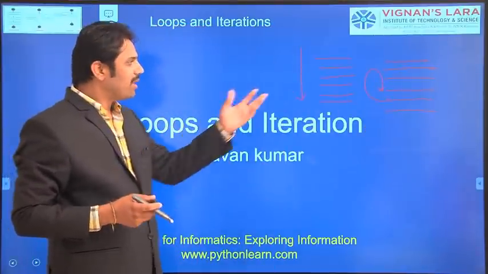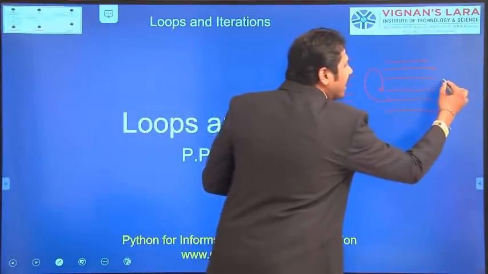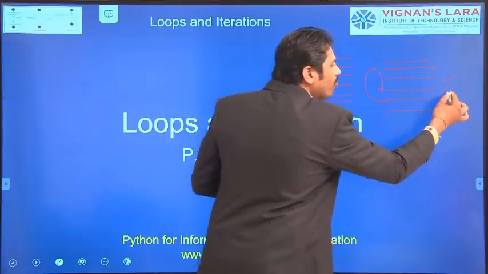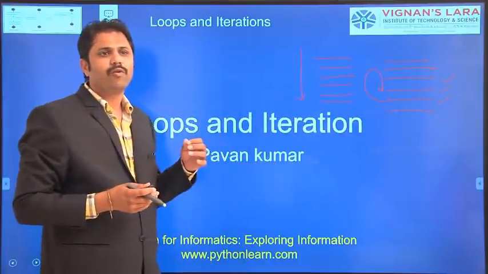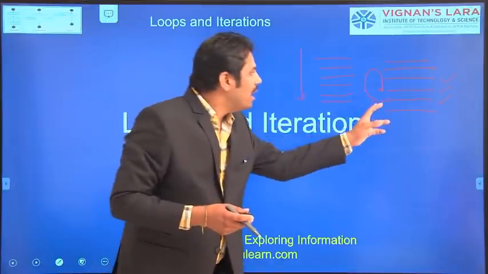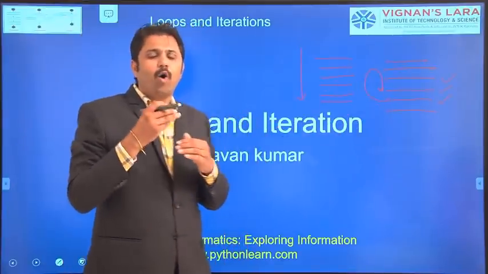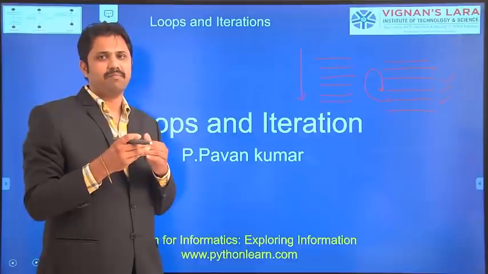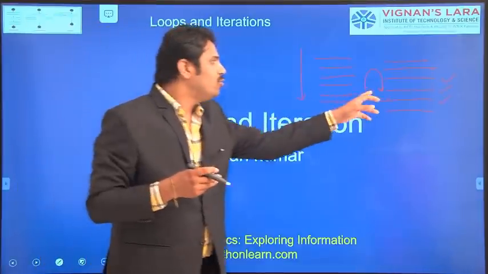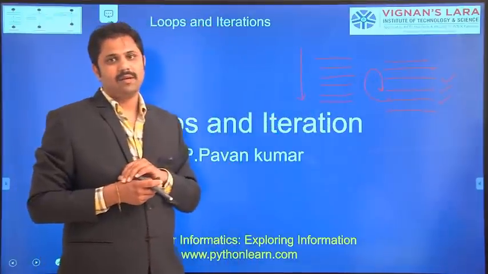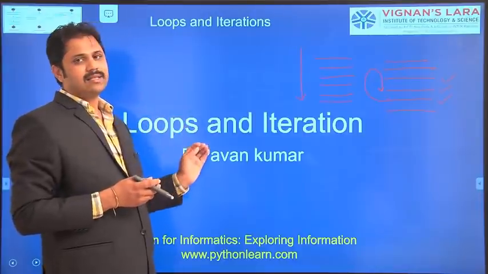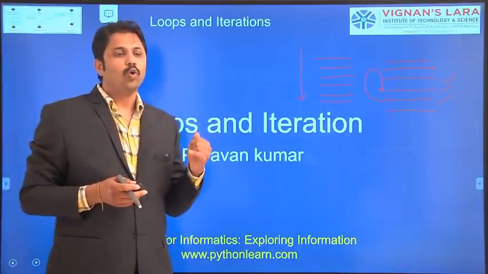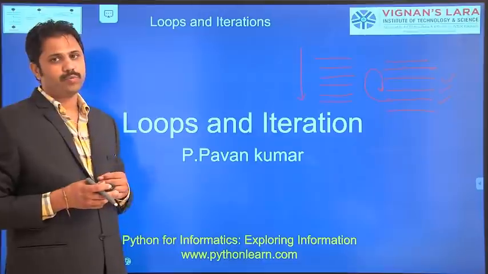For example, here I want to iterate statements 3, 4, 5, 3, 4, 5 in a loop mode. That means I want to repeat these three statements continuously, multiple times. In this situation, loops and iterations are needed.